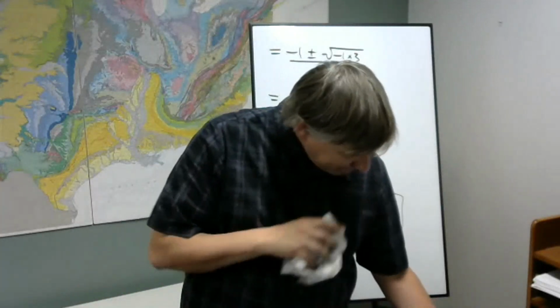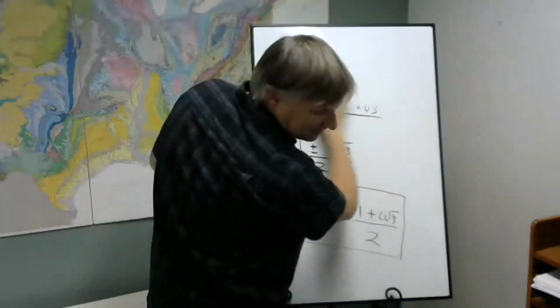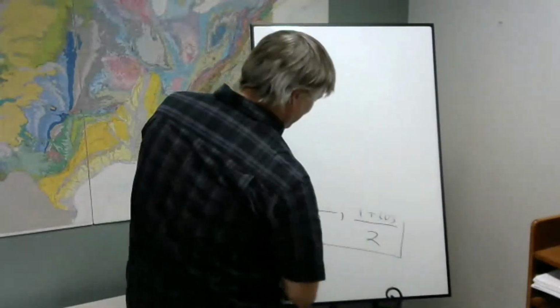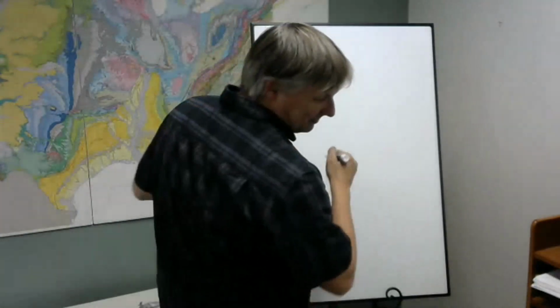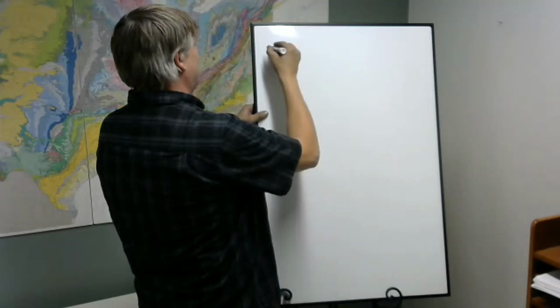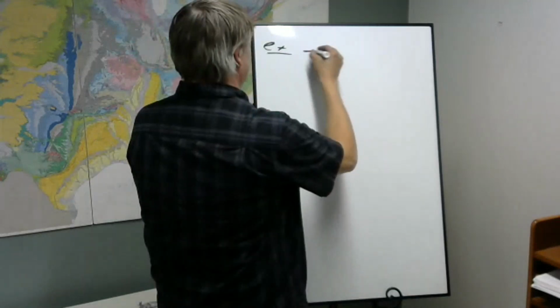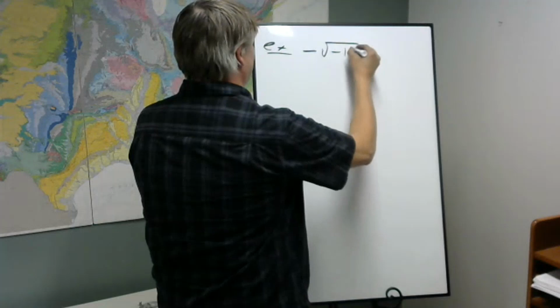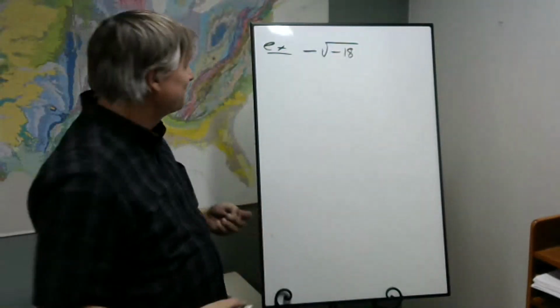So let's do some more examples on this. Let's take a look here. So let's say we have something like this: negative square root of negative 18.